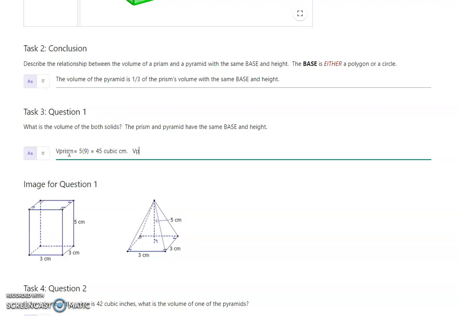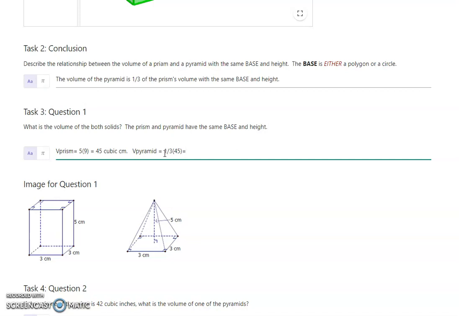Since the pyramid has the same base and height, the volume of the pyramid is going to be 1/3 of the 45.